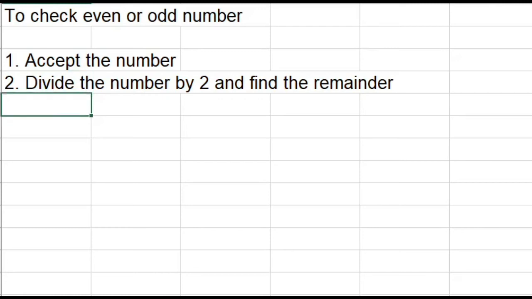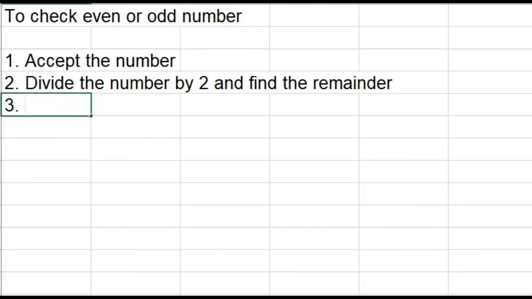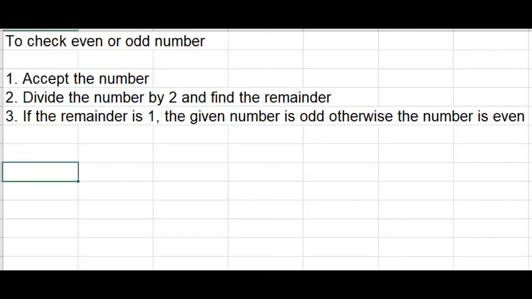So we know that if the remainder is 0, then the number is even, and if it is 1, then the number is odd. So this is the instruction set of this problem. This is the problem, this is the instruction set, and this has to be converted into a program.